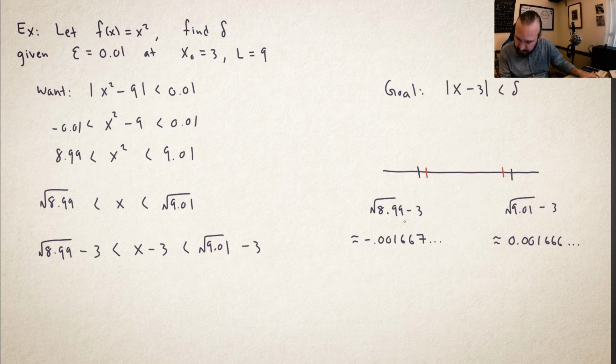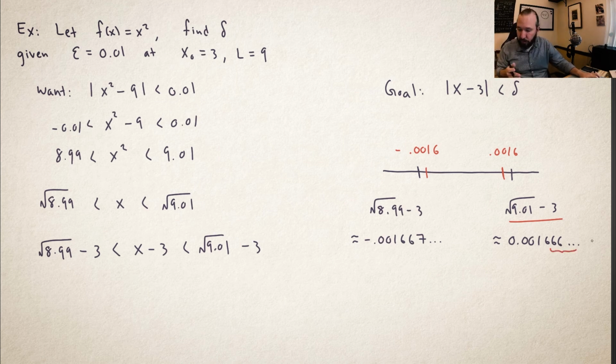So this one, instead of going to the left 0.001667, maybe I can just not quite go out that far. Maybe if I just go out to 0.0016, and that's negative because I'm going to the left there. And then how far to the right can I go? Say 0.0016. Okay, now that is guaranteed to be inside the square root of 9.01 minus 3, because whatever the true value of this decimal is, it has more digits.